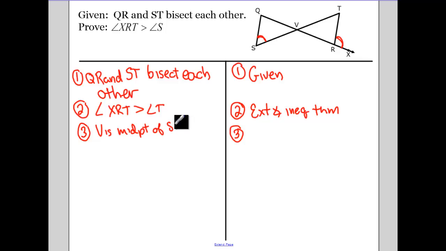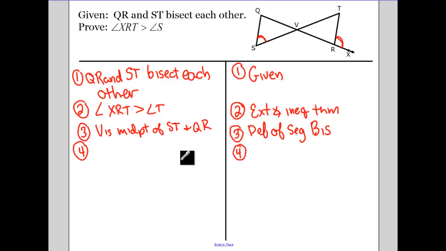Of ST and QR. And that's definition of a segment bisector. Next, since V is the midpoint, QV is equal to VR, and SV is equal to VT by definition of a midpoint.